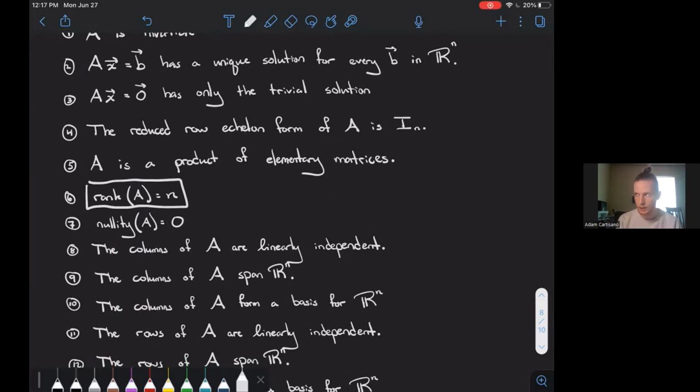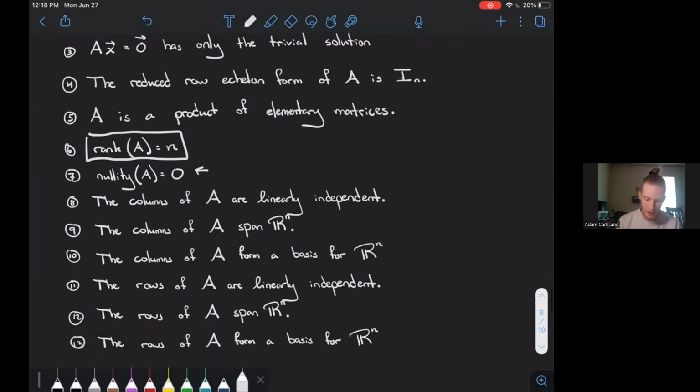Every row contains a leading entry in row echelon form, right? Or another way of saying it is that the dimension of the row space or the dimension of the column space is all of n. That's the same as saying that the nullity of A is 0, or that there are no free variables in the homogeneous system whose coefficient matrix is A. This is the same as saying that the columns of A are linearly independent, or that the columns of A span all of Rn.